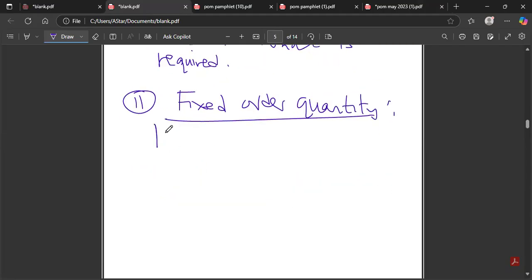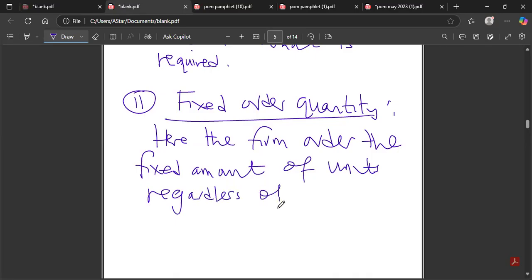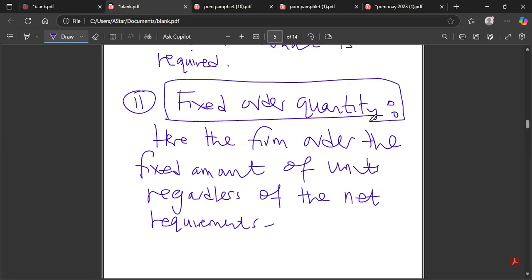So here, the firm orders a fixed amount of units regardless of the net requirements. Okay, that is on the fixed order quantity.